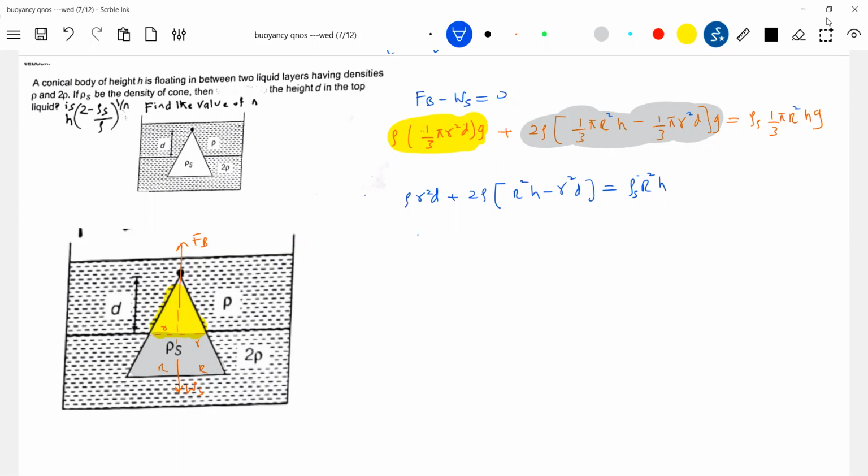So rho r square d minus 2 rho r square d should be equal to how much? 2 rho R square h minus rho r square d is equal to rho s R square h. We wanted an expression for d, therefore this will be 2 rho R square h minus rho s R square h is equal to rho r square d. So this will be 2 rho minus rho s h by rho, R by r whole square into d.